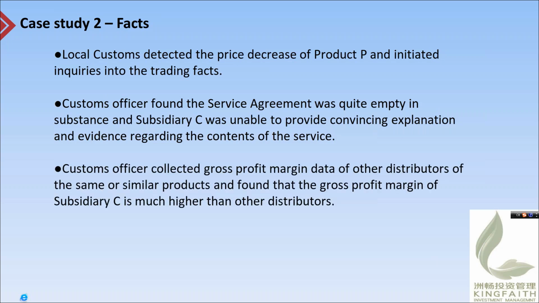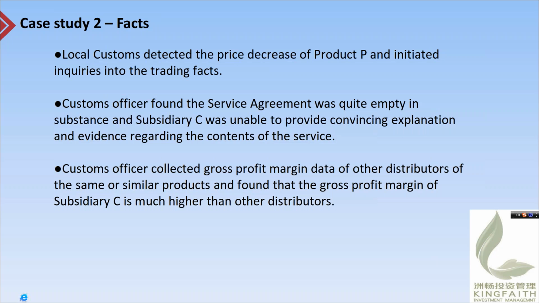At the same time, the customs officer collected the gross profit margin data of other distributors of the same or similar products and found that the gross profit margin of subsidiary C is much higher than other distributors. So they think that the price declared by the importer of the imported goods is low.